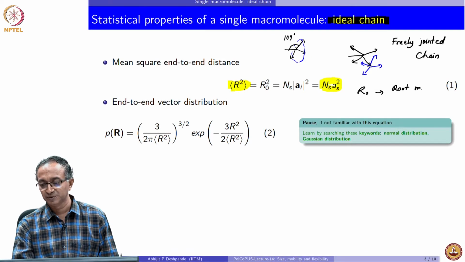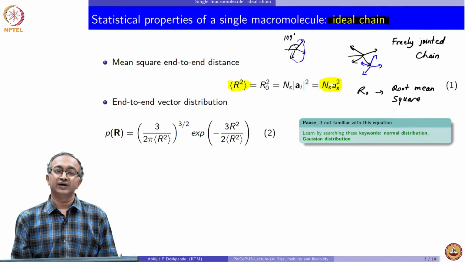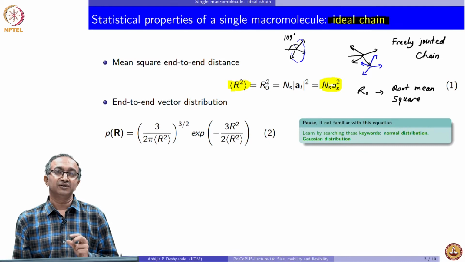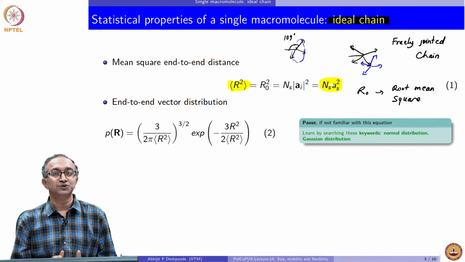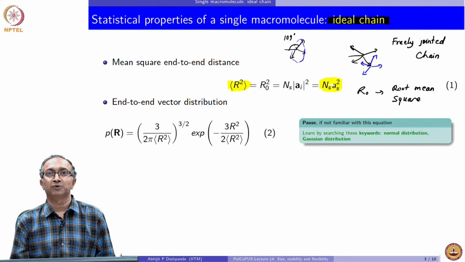So this is something you might have also seen in current, in electricity, or any other random variable where mean is going to be 0, root mean square is a useful measure. So you can think of how this end-to-end vector, the way I described it in the last lecture, a useful statistical property to describe it is not mean itself, but root mean square.